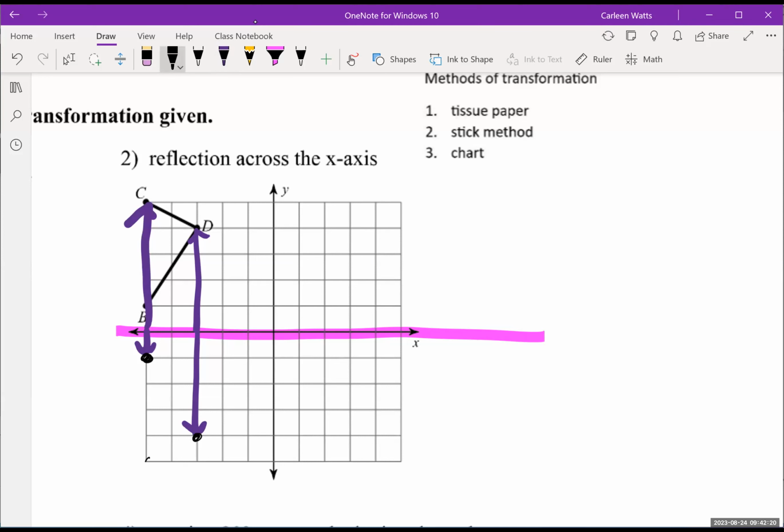So we can see that that point is here. Stick method. So now label: we have B prime, we have D prime, and C prime. So we reflected it across the x-axis. Not too bad.